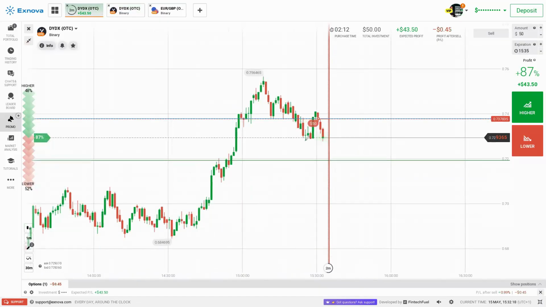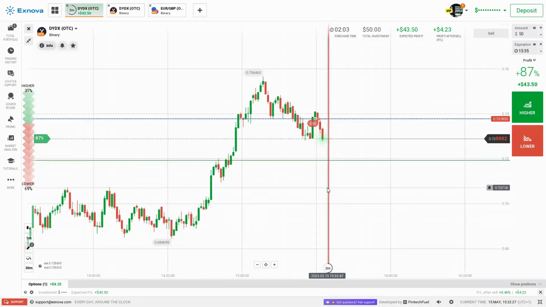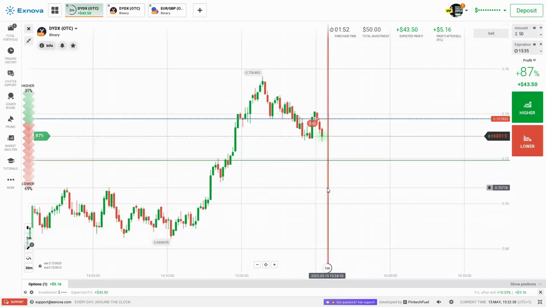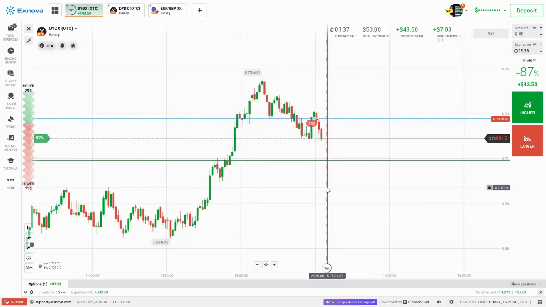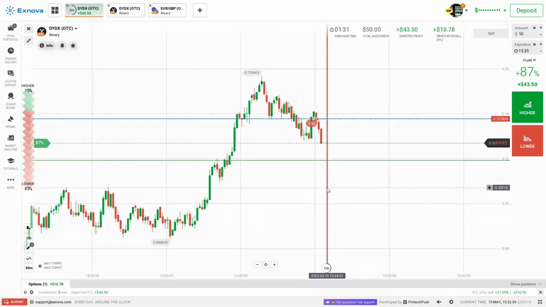If the sellers break this next low, then that means the trade is a confirmed trade. It's going to be a short entry. If they can break that low again, okay, the candle is about closing.